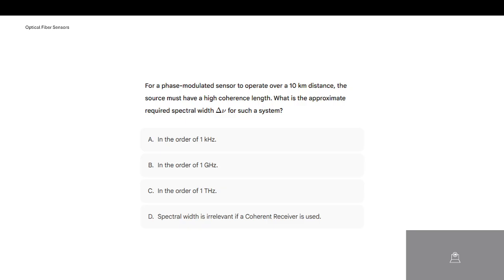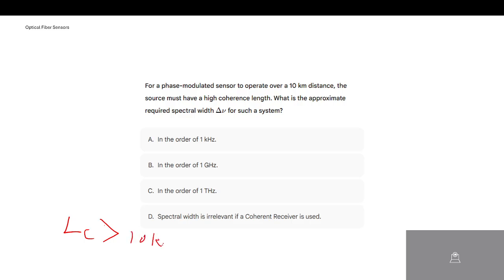Why is it so? How can we calculate this? The coherence length is given here, approximately 10 kilometer.